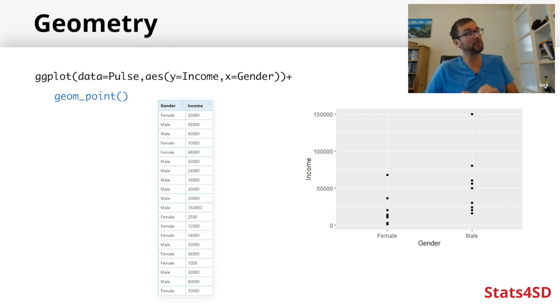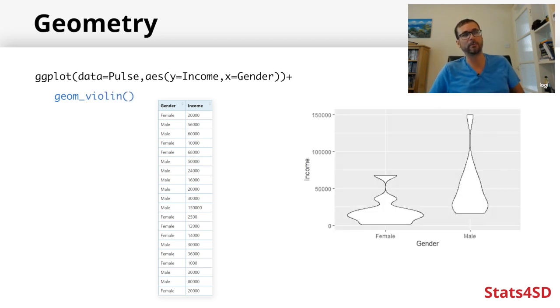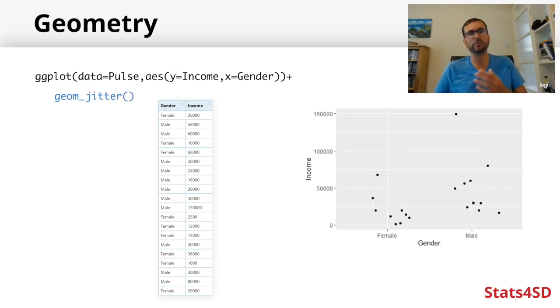Sometimes they might not give an error, but it will come up with a slightly strange looking plot, which was not what you were expecting. So here things like a box plot or a violin plot or a jitter plot, these would all be valid ways of looking at it when we've got the categorical variable and the numeric variable. Again, that ggplot2 cheat sheet is very, very useful for seeing the different geometries and seeing the different data requirements for what you need on the x-axis and what you need on the y-axis.